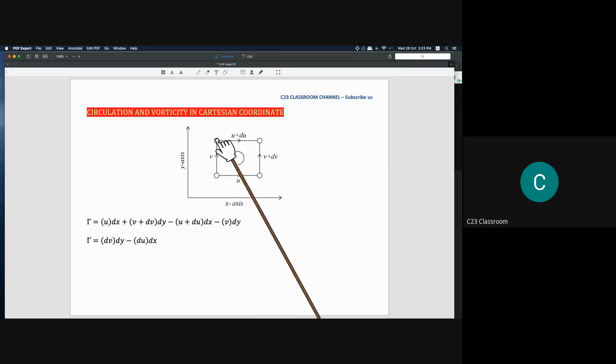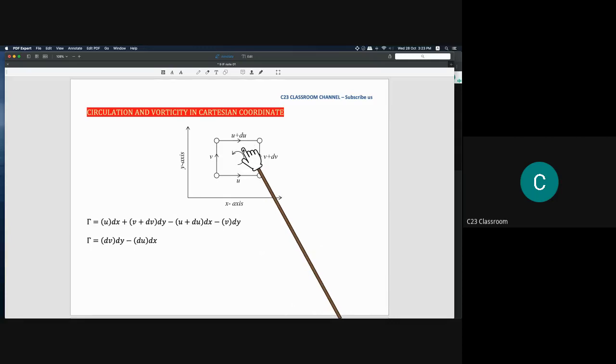For the molecule here, we'll have u plus du, and for the molecule here, it might have v plus dv. The dv here might be equal to 0, or dv will change.